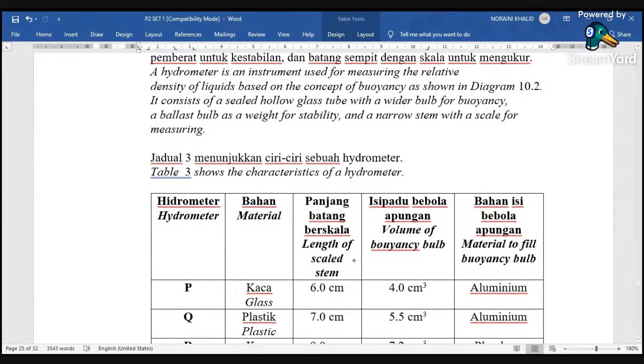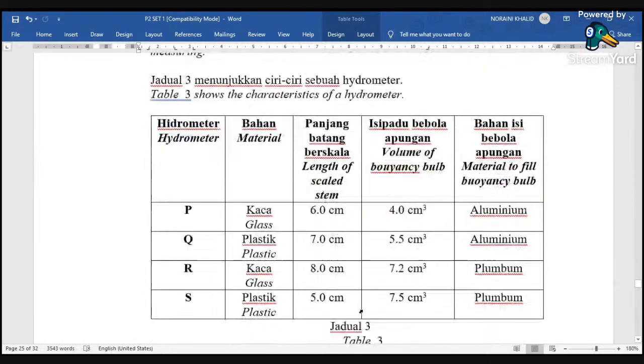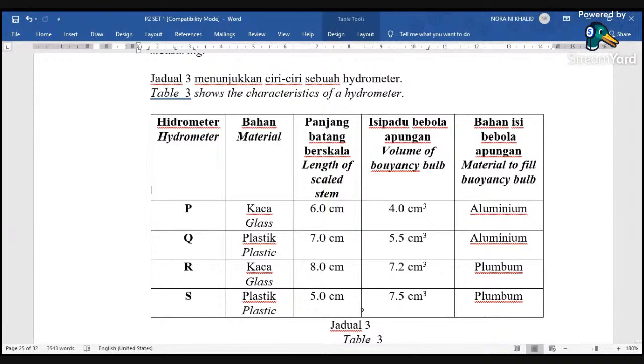Okay, the purpose of this one is stability. Okay, and then the material.